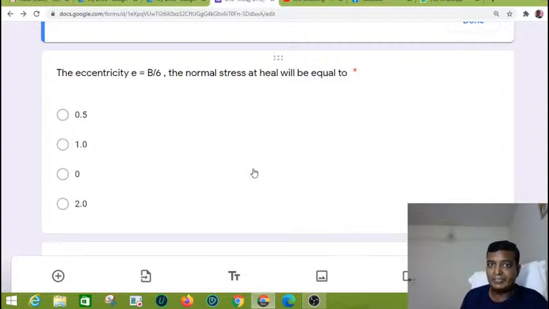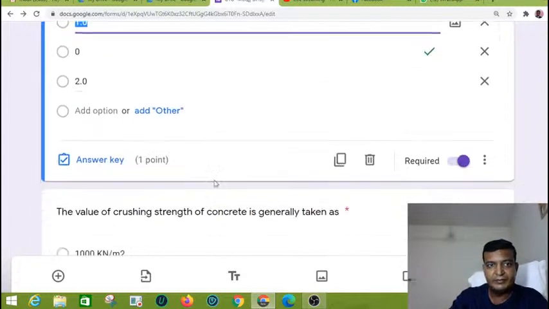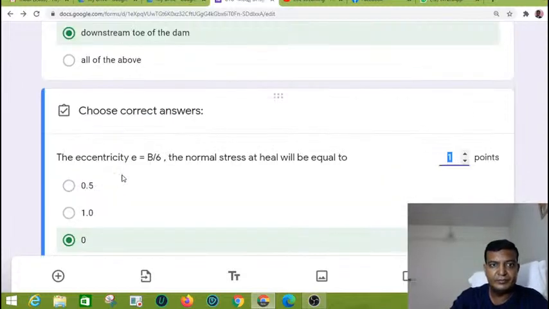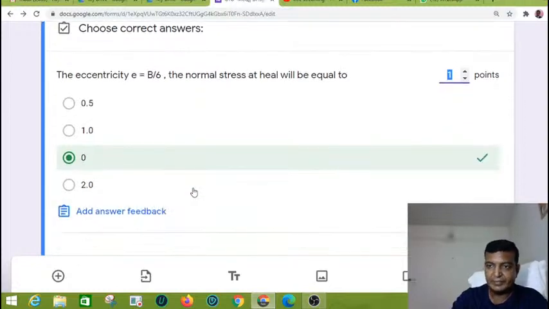The normal stress at the heel equal to zero. The answer is 0. Simply, the answer is 0. This is what you have to remember. At the heel, it will be always 0.